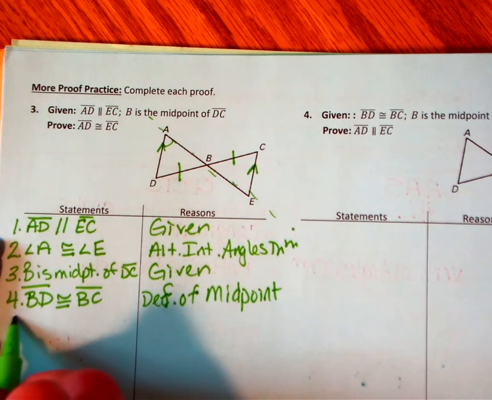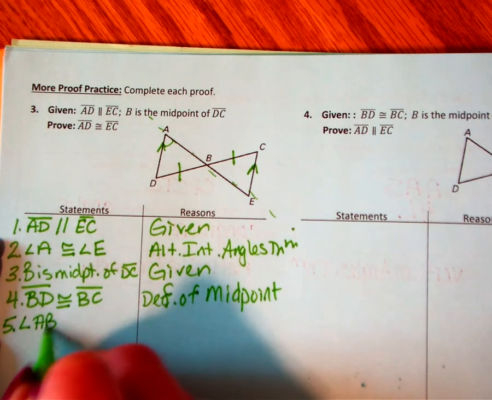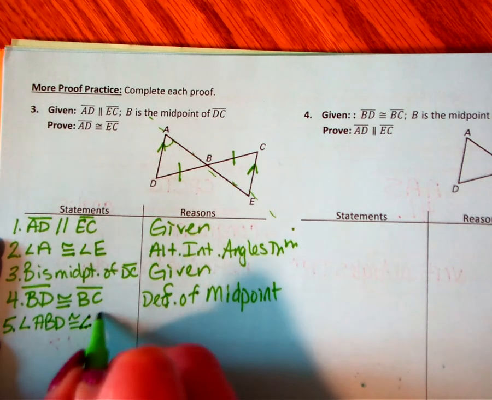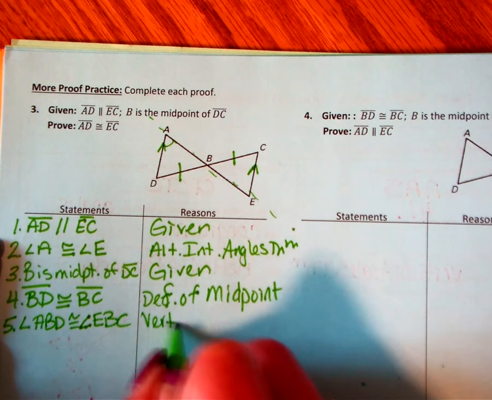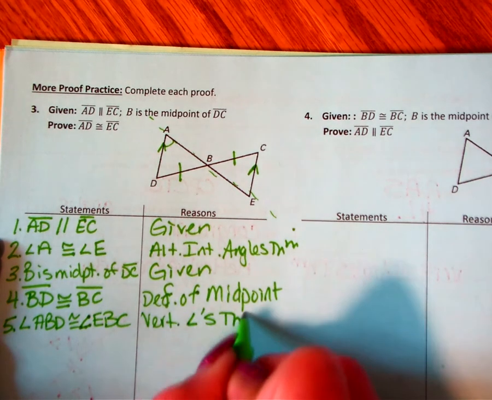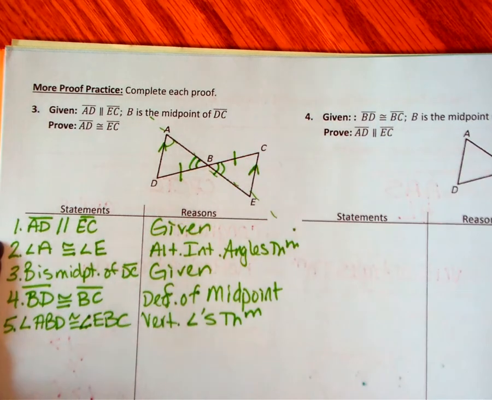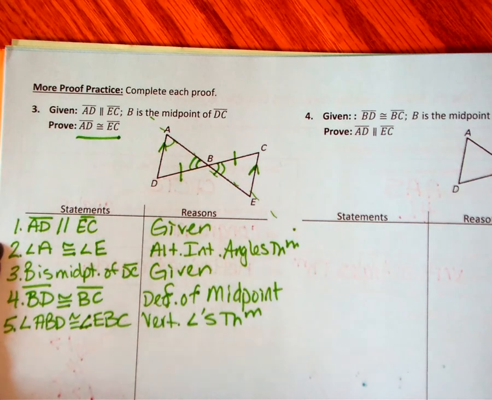Next I can say angle ABD is congruent to angle EBC. That's the vertical angles theorem. Again, look at what we're trying to prove, that the two segments are congruent.